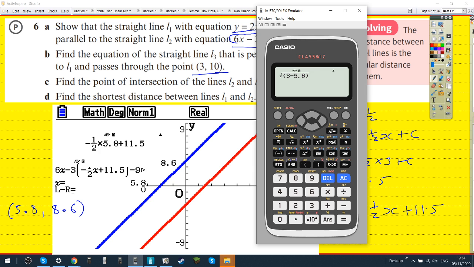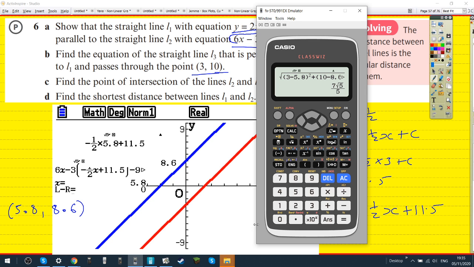And then open brackets 10 minus 8.6. You don't have to do it the way I'm doing it. There's a plus in between the two brackets because you'd add the two together. It is less mentally taxing to write it down first. Which is 3.1.